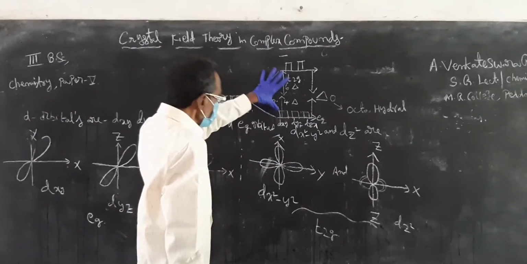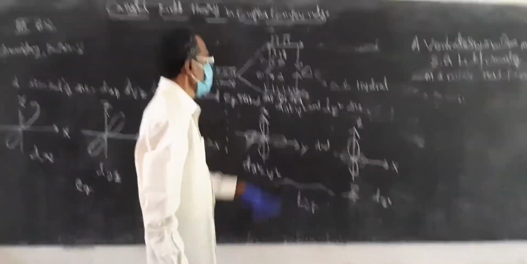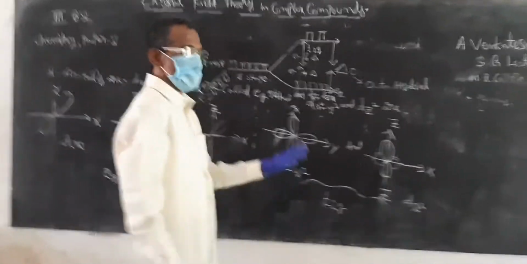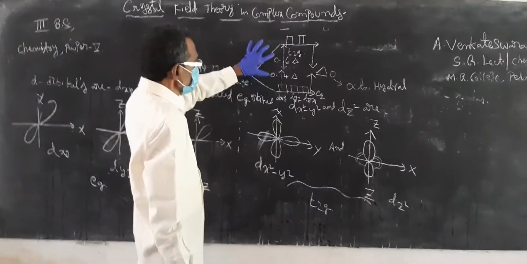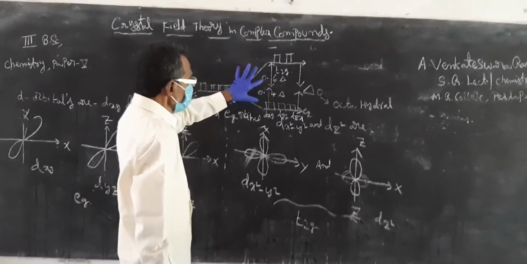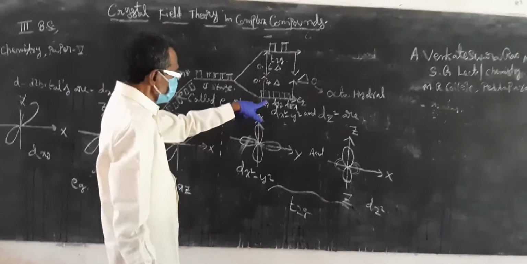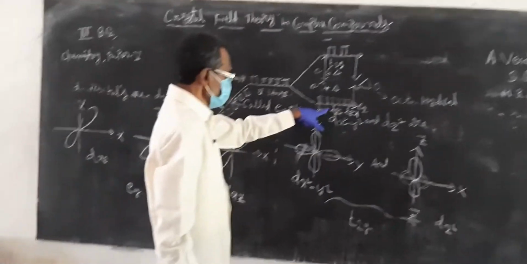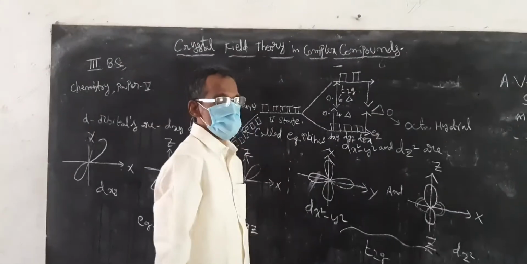Between these two sets is delta O energy. Each T2g orbital has 0.6 delta energy, and each Eg orbital has 0.4 delta energy.